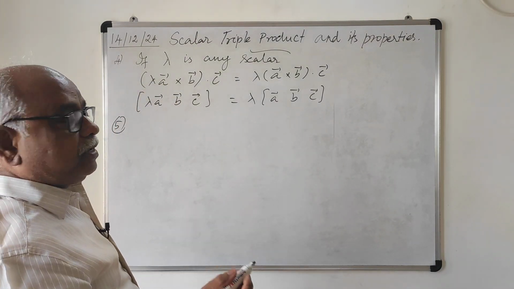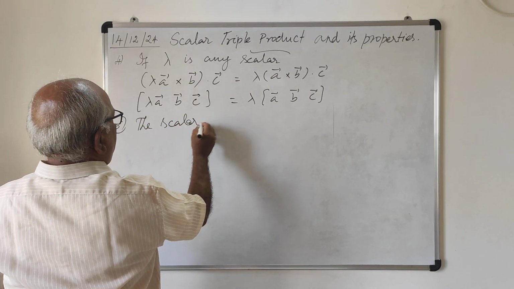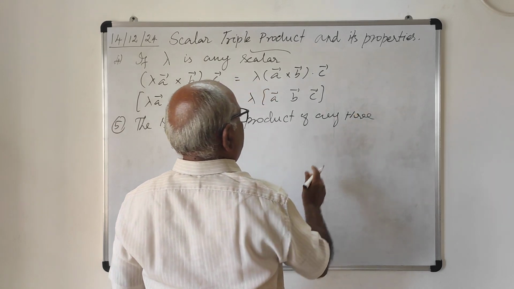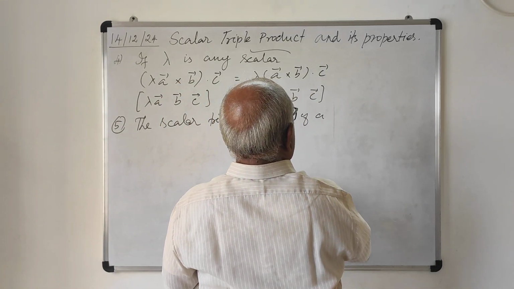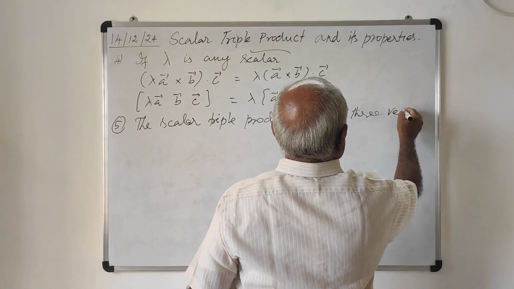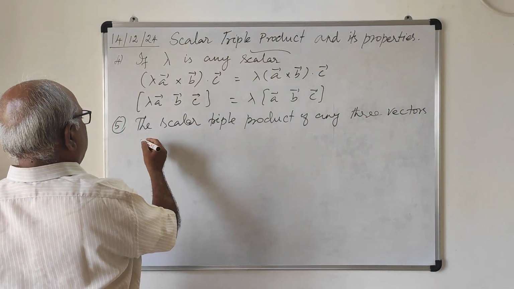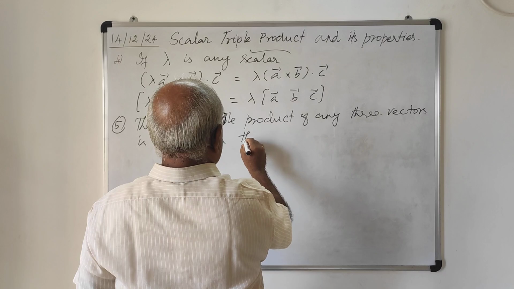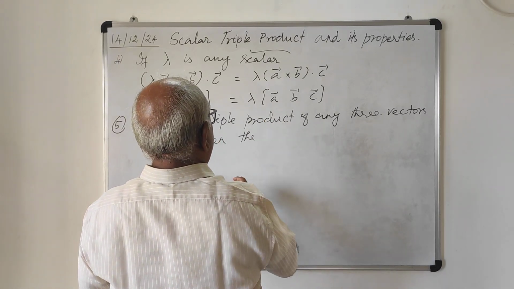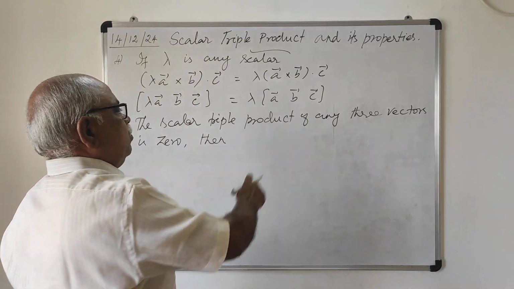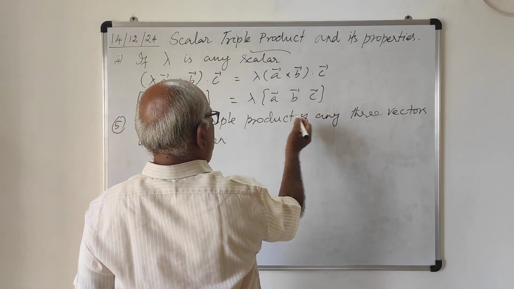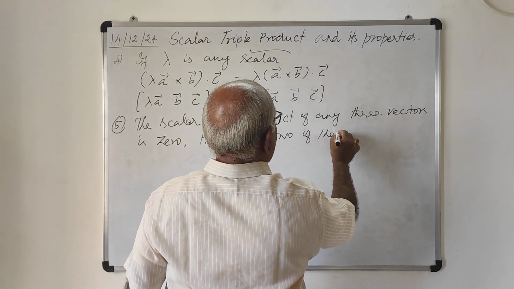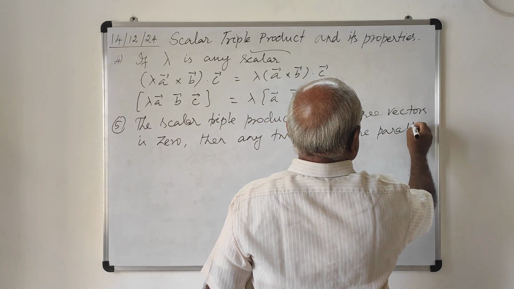Fifth one. If the scalar triple product of any three vectors is 0, then out of the three vectors any two of them are parallel or collinear.